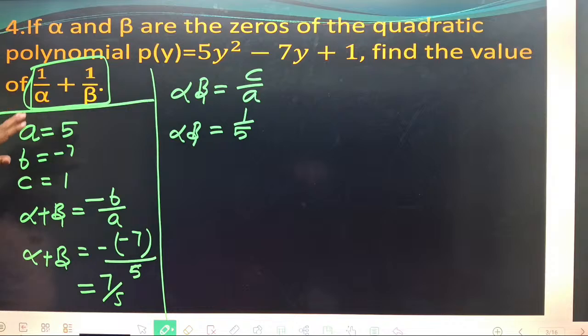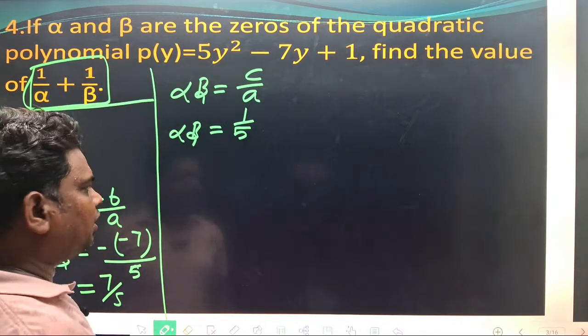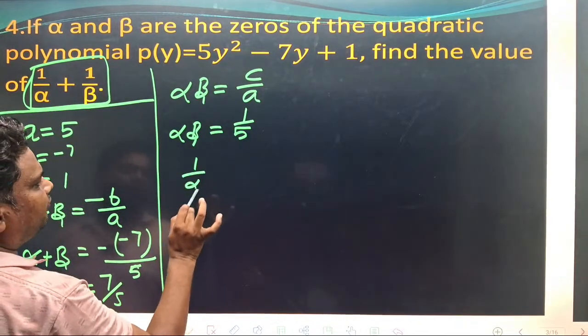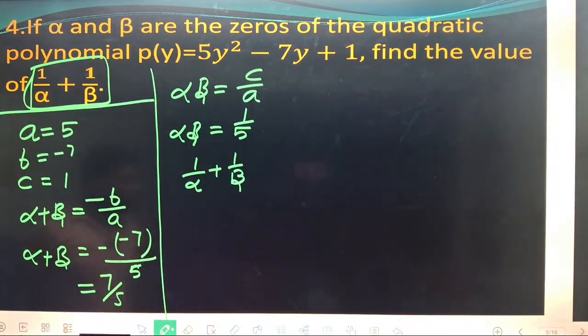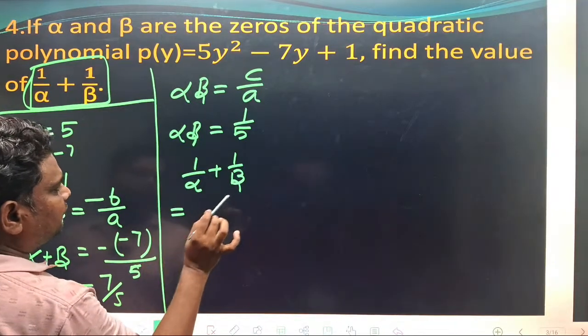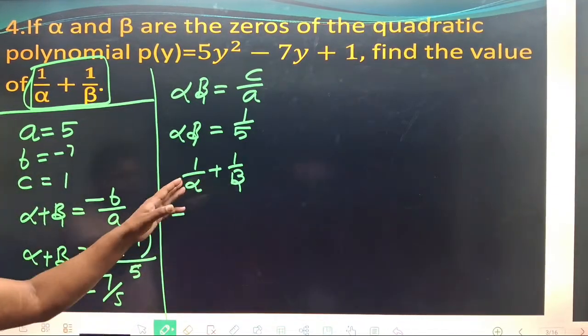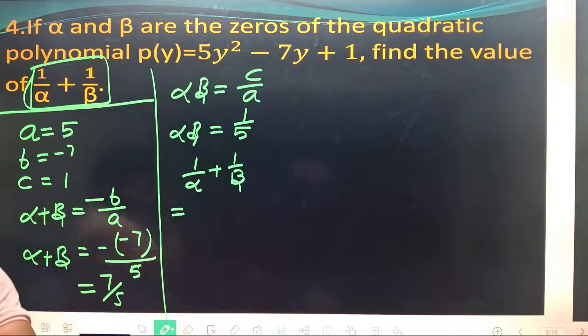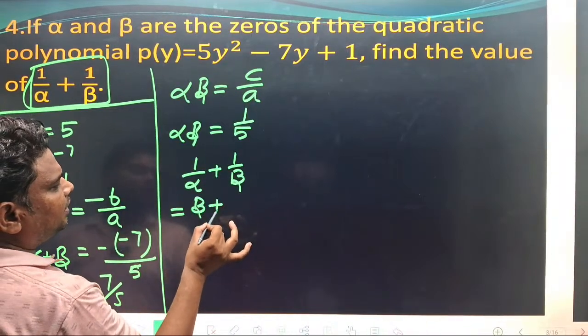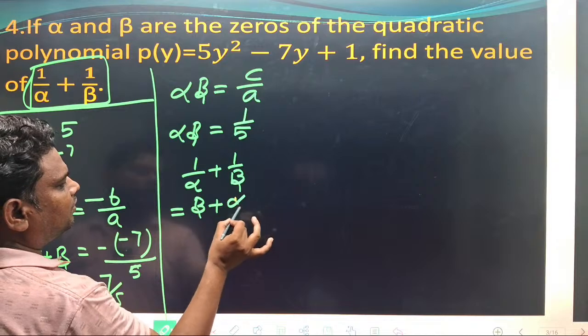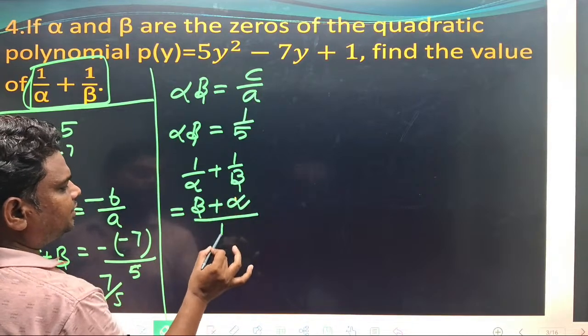Now you solve the question: what is the value of 1 upon alpha plus 1 upon beta? Convert this relation into the sum of zeros and product of zeros. You cross multiply: beta ones are beta plus alpha ones are alpha, upon alpha into beta.